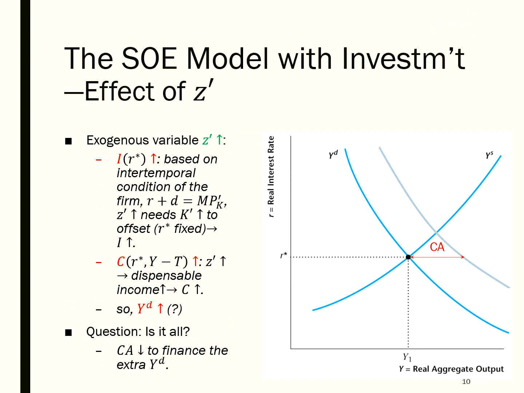Finally, let's analyze the effects of the future productivity shock, Z prime. Obviously, Z prime enters the whole system through the intertemporal condition of the firm because the marginal product of capital depends on Z prime. When Z prime increases, the right-hand side increases. But R plus D on the left-hand side are exogenous, they cannot change.